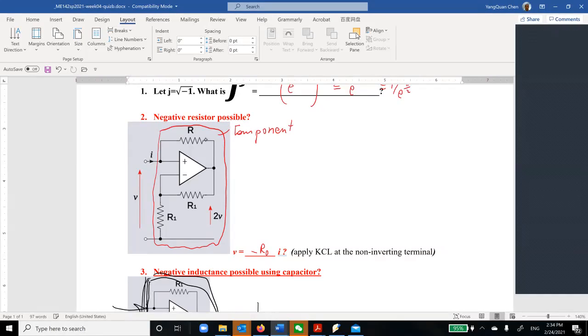So this component, VI relationship, let's check it out, okay? So then I write V in terms of I, okay? So we know that, so this is V, so this is V, right? This is also V, right?